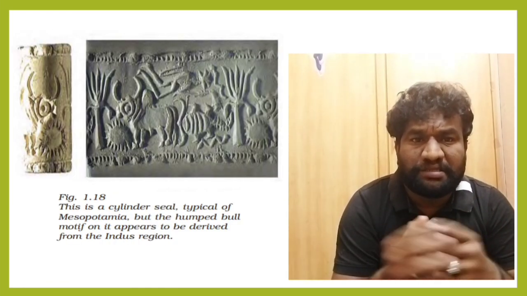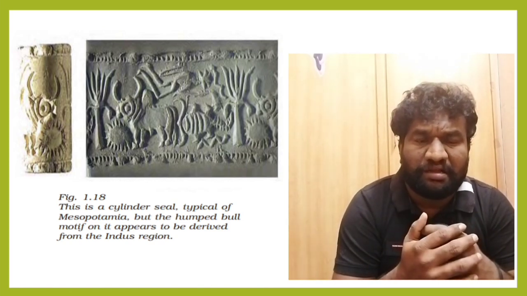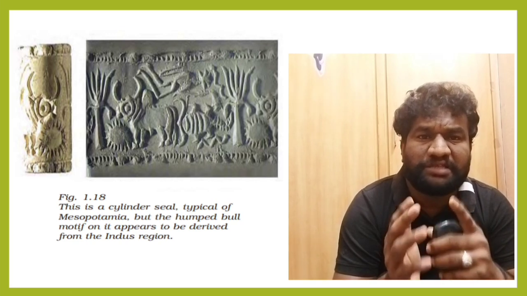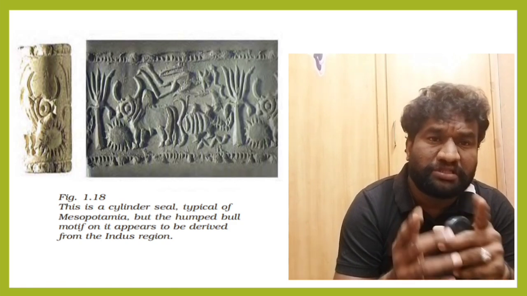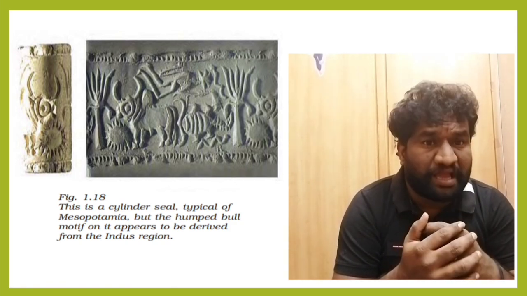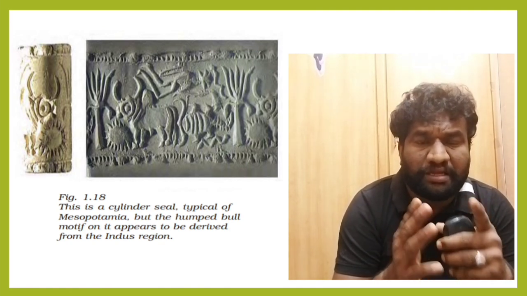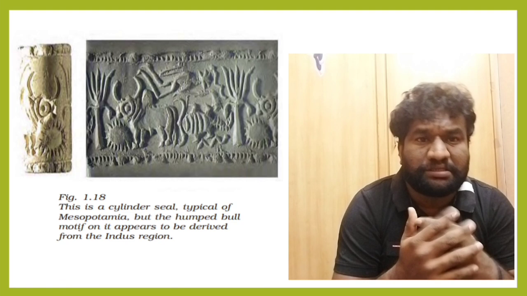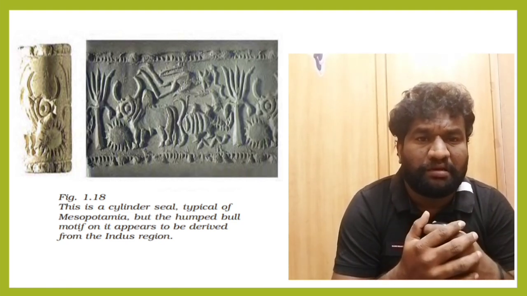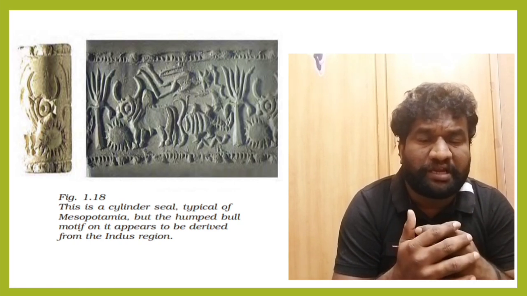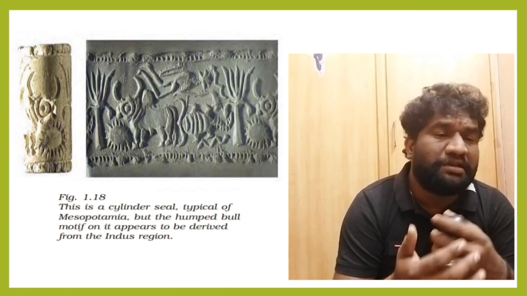Look here, this is a cylindrical seal. Look here, this is the left side. Here the cylindrical seal is typical of Mesopotamia. Mesopotamian seals are cylindrical in shape, whereas Harappan seals are mostly rectangular, square, and also circular. But if you observe this right-side Harappan seal, you can see the humped bull and motifs that appear to be derived from the Indian region.